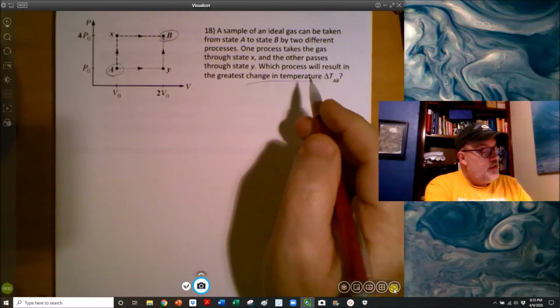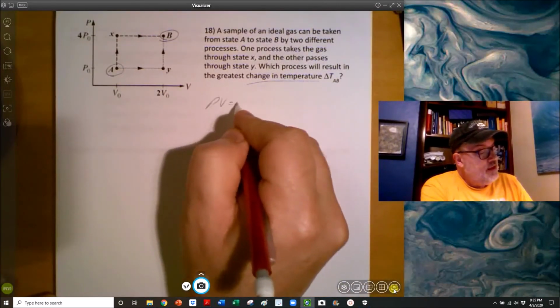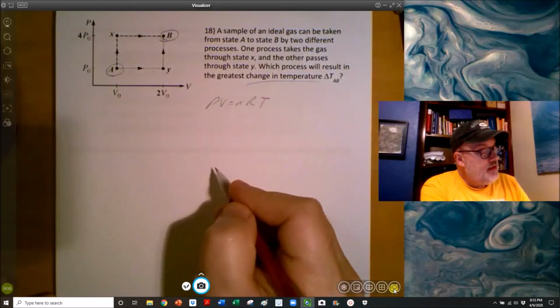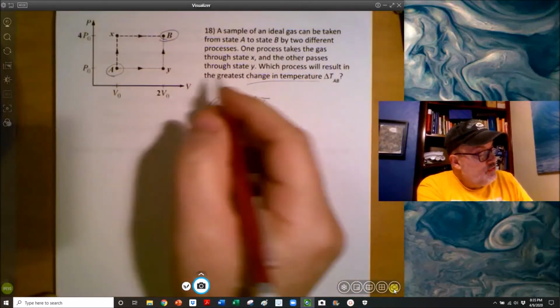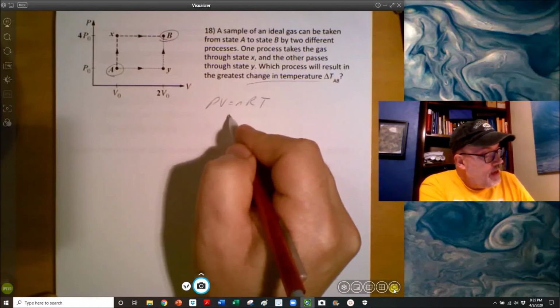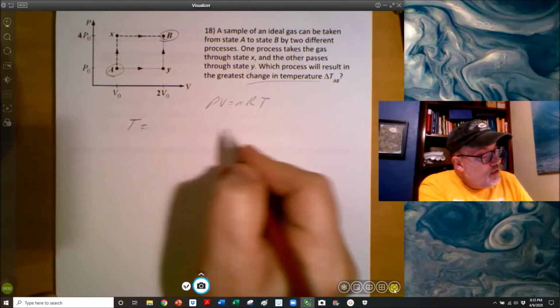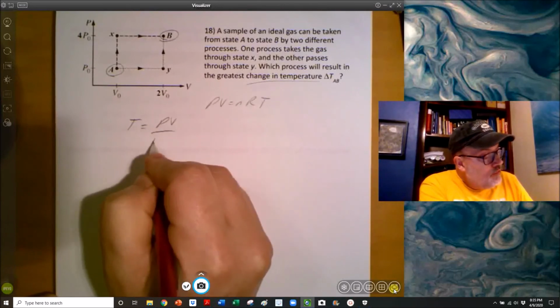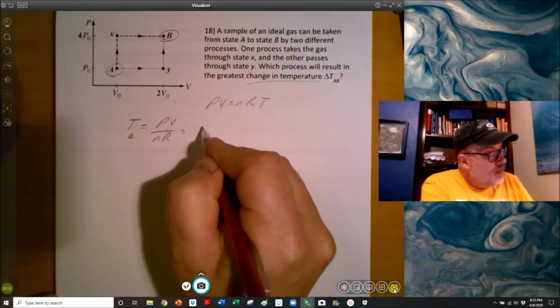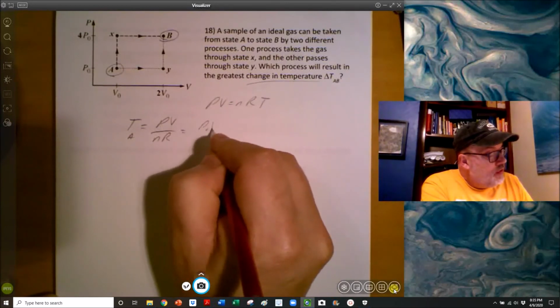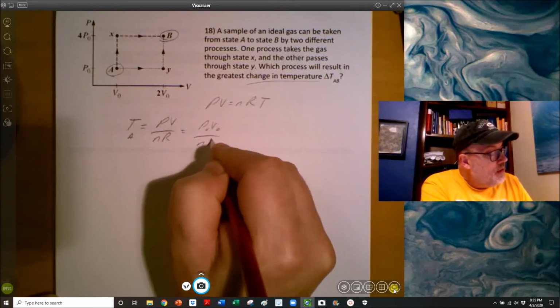All right, well, PV equals nRT. So let's find out the initial temperature. The initial temperature over here at point A would be temperature equals PV over nR. So for A, that would equal P naught V naught over nR.